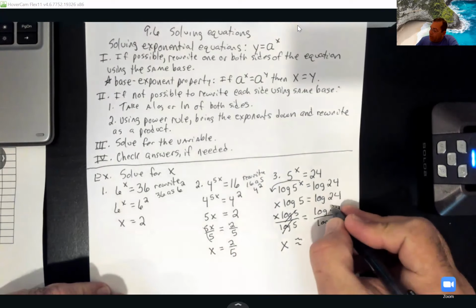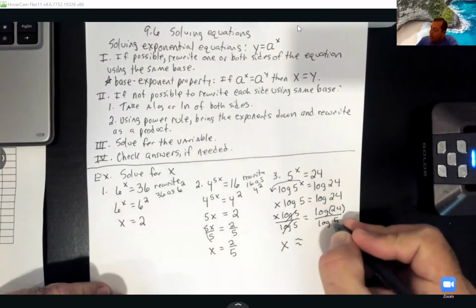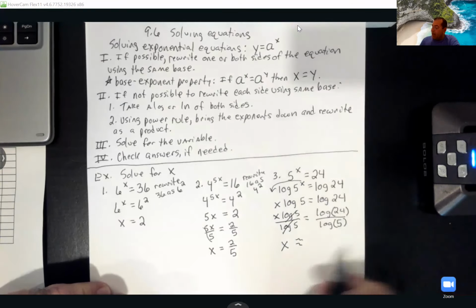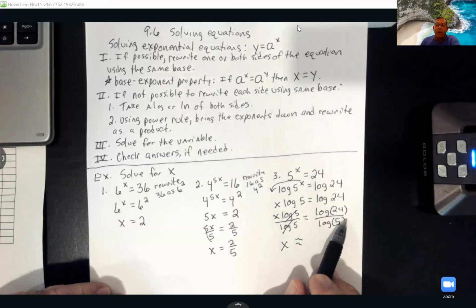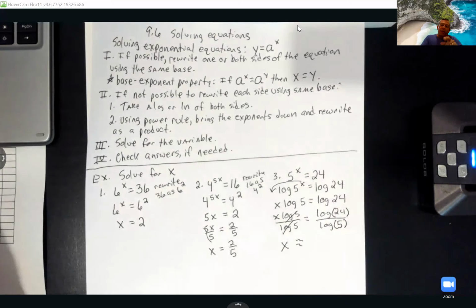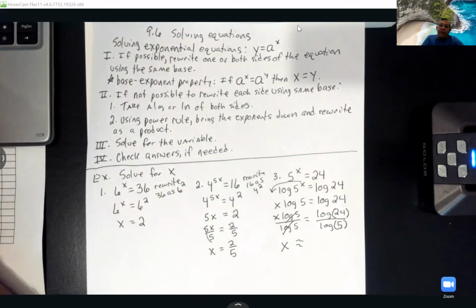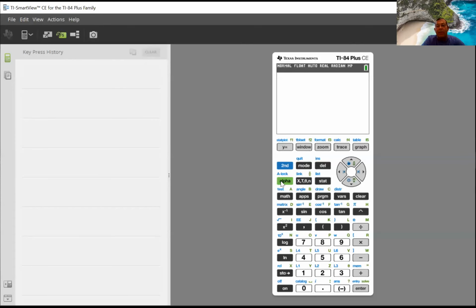Now, y'all, it's really important on the calculator that you close those parentheses on those logs, okay? So I'm going to go to the calculator and show you how I would actually do this one. Now, I make it look like a fraction, so I always hit alpha y equals and enter. So I get that fraction bar up there.